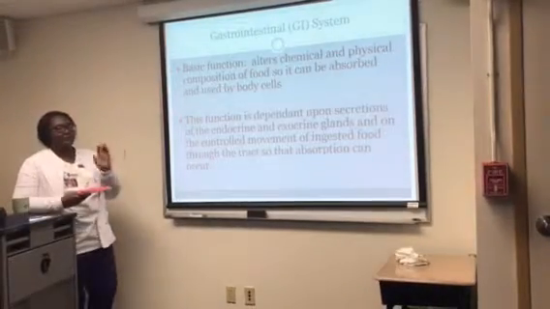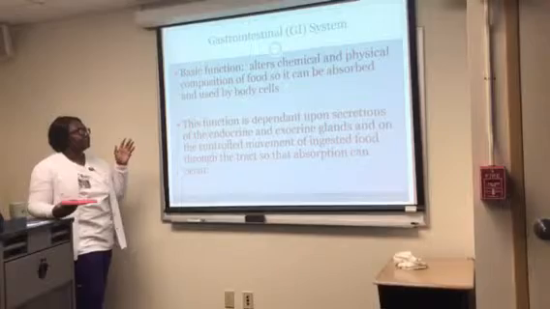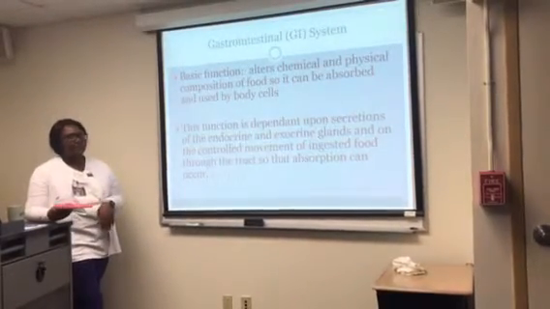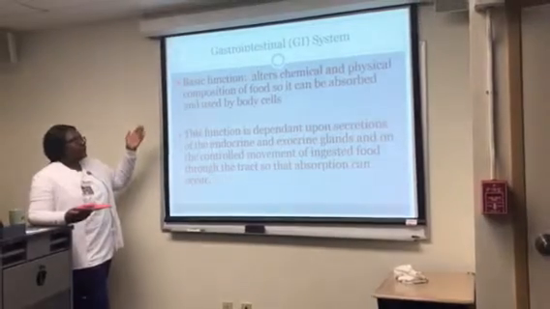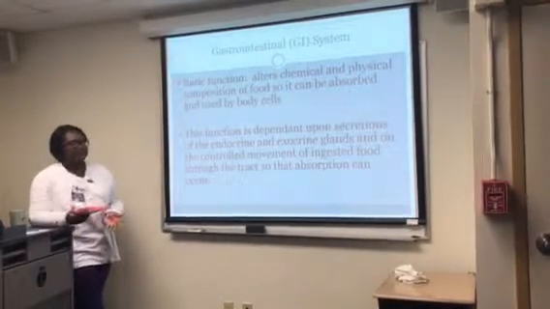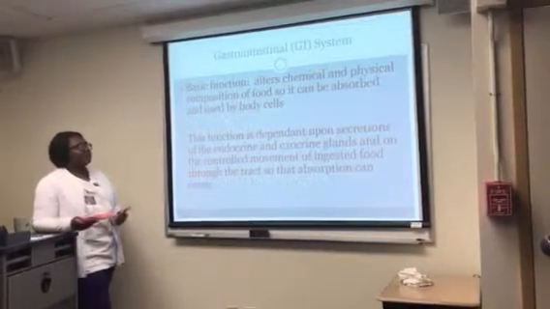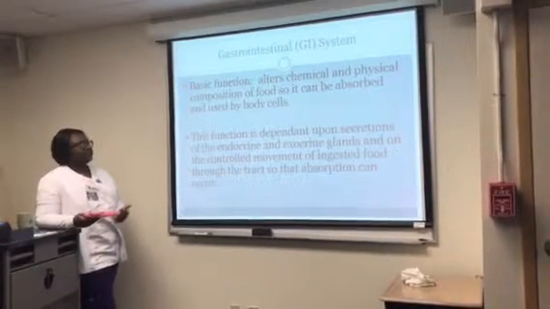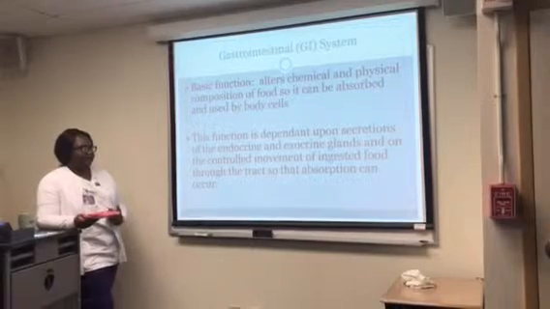Okay, so before we get into the cancer part of it, we can do a quick overview of the gastrointestinal system. The basic function of the gastrointestinal system is to alter the chemical and physical composition of your food so it can be absorbed and used by your body.